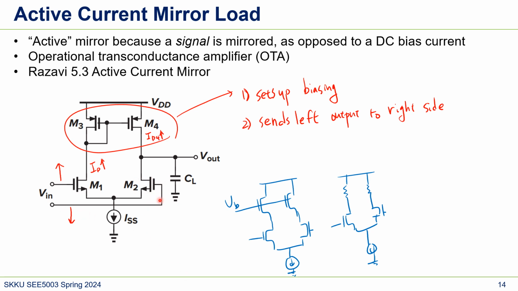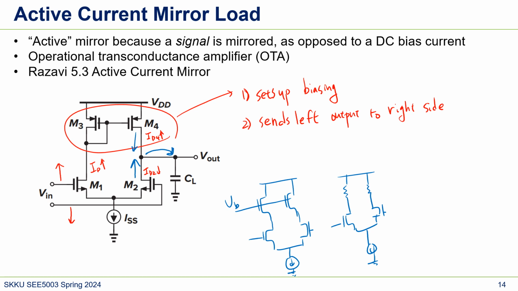How about this node? If this decreases, then the current decreases, so ID2 decreases. Then if ID4 increases, it's pouring current here. So they are summed, and the net current will flow here at the output, right?